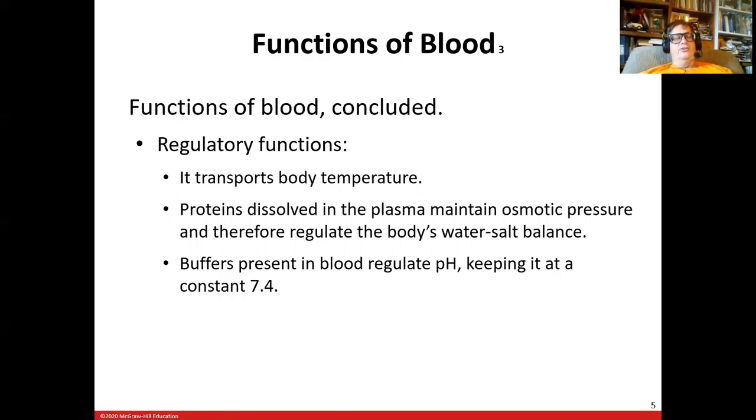That's called hydrostatic pressure. At the other end of the capillary, you are pulling fluid back in from the tissue, and that's called osmotic pressure. So hydrostatic pushes out of the capillary into the interstitial fluid, into the tissues, and osmotic pressure brings it back. We'll talk about that more.